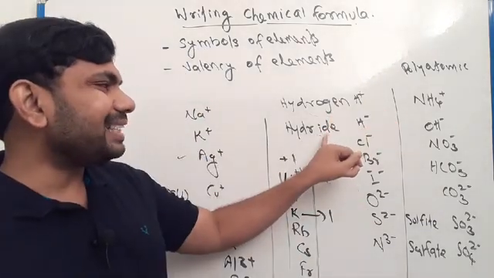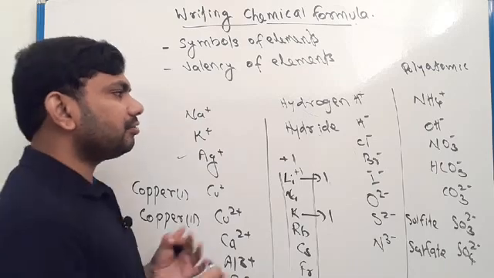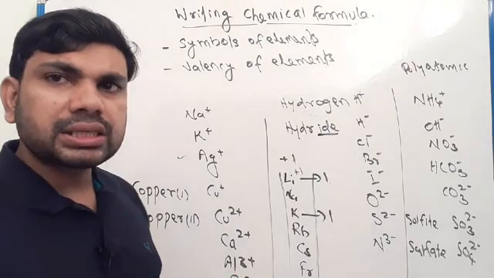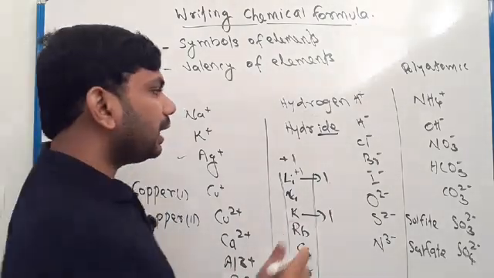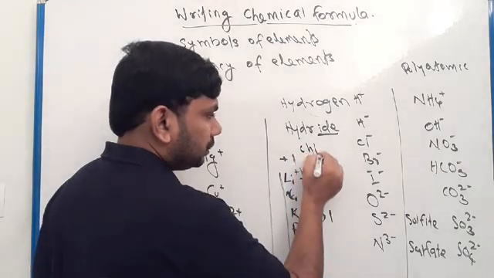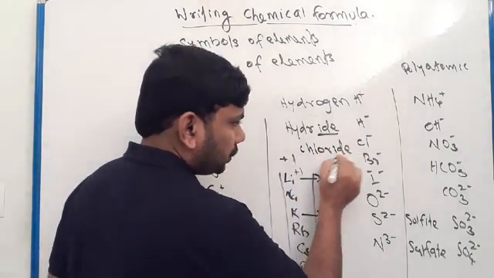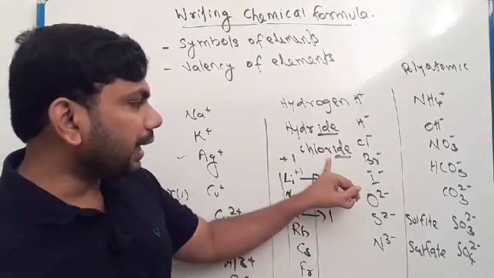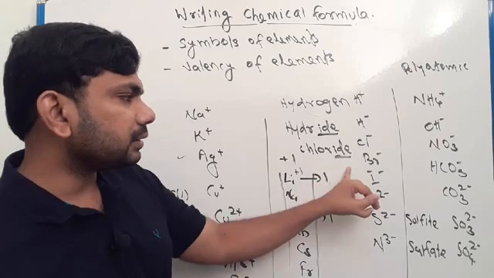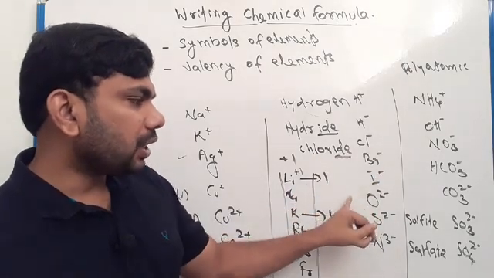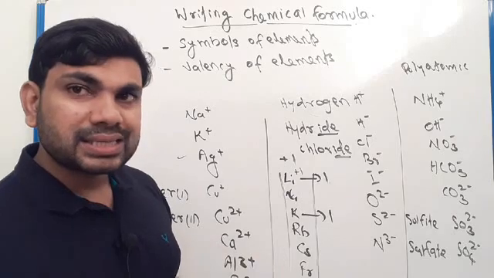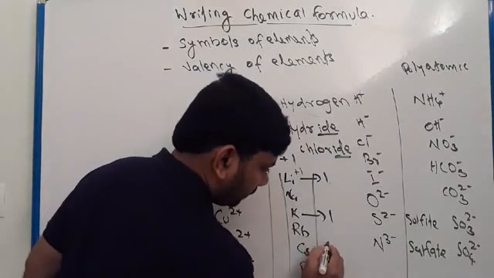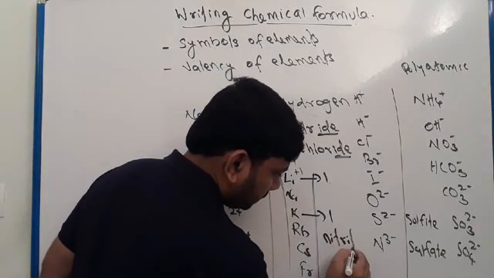Hydrogen plus 1. Hydride means H minus. Negatively charged ions we have to name like this: chloride. So for a negatively charged element, at the end we have to add -ide: chloride, bromide, iodide, oxide, sulfide, nitride.